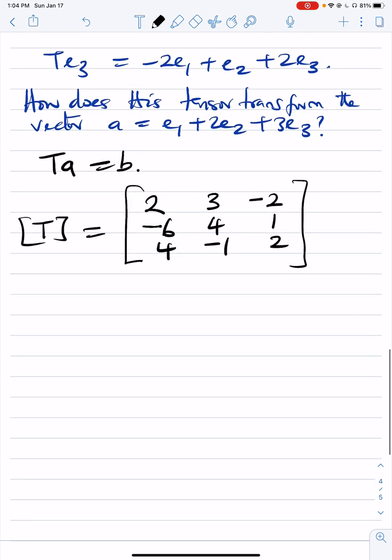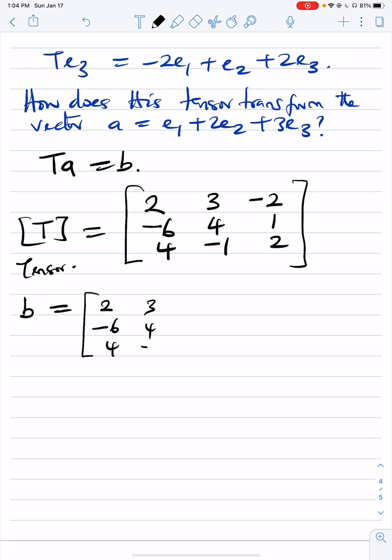So this is the tensor that does the transformation. Now we already have A, right? So to find B, we take the matrix 2, minus 6, 4, 3, 4, minus 1, minus 2, 1, 2, times the vector A, which is 1, 2, 3.